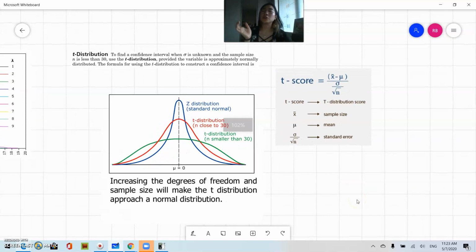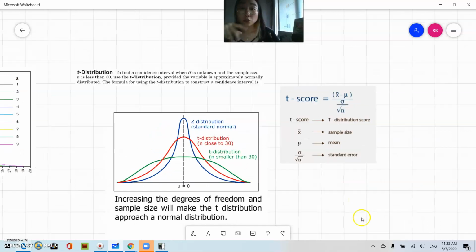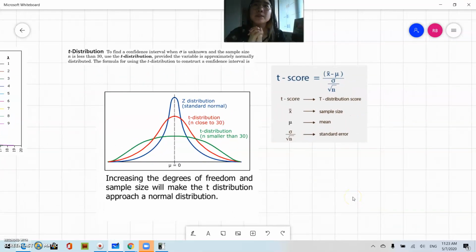So the t-distribution, you use it whenever your sample size is very small. If you remember the central limit theorem, you have to have a large enough sample to assume normal, right? So what if you have a small sample size, like 10 or 5?